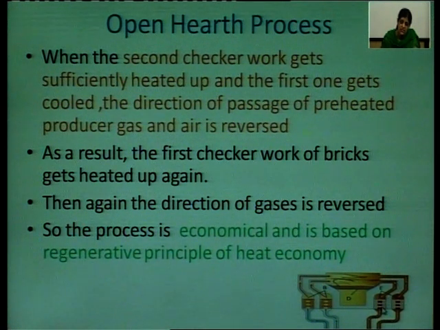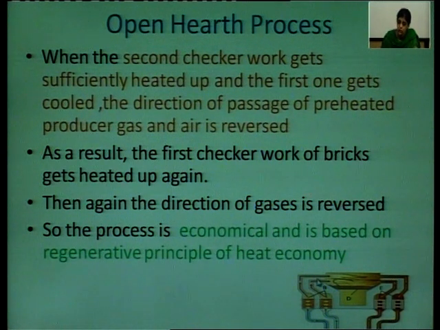When these hot gases move toward the second checker work, they will make this checker work hot. When this checker work becomes hot, its temperature reaches above 2000 Kelvin. What we do is stop the passage of these gases from here and reverse it. So this hot temperature will start going towards this side and this will start cooling.